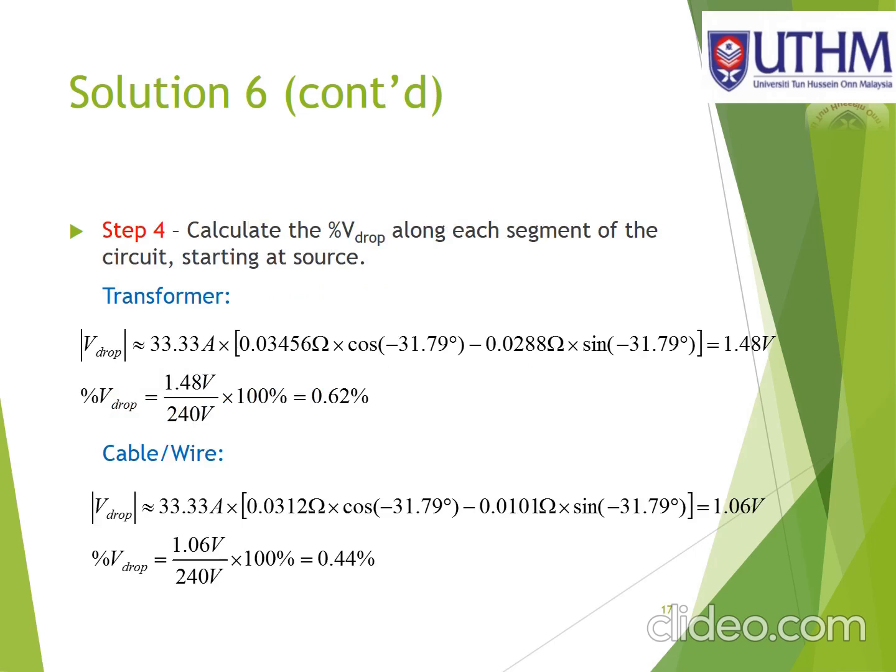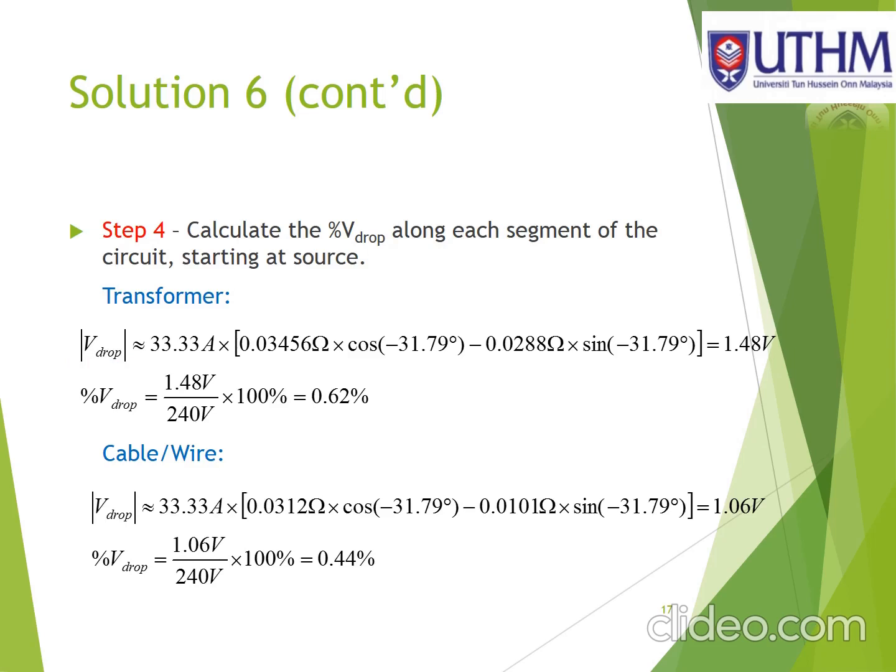Next is step number 4. We have to calculate the percentage of voltage drop along each segment of the circuit starting at source. So we have two segments, which is transformer and also cable. The first one is transformer. By using the approximation formula, we can calculate the voltage drop.